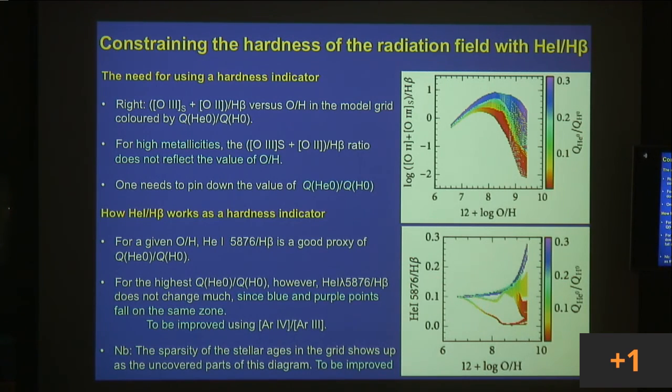Actually, there are two points here: this region is not very well separated, so you cannot do better for the moment. I think that in the future you will be able to improve that using argon-4 to argon-3, but we need to have the data for argon-4. And in our grid, the distribution of stellar ages was rather sparse, so that makes these holes here. But this can be improved.